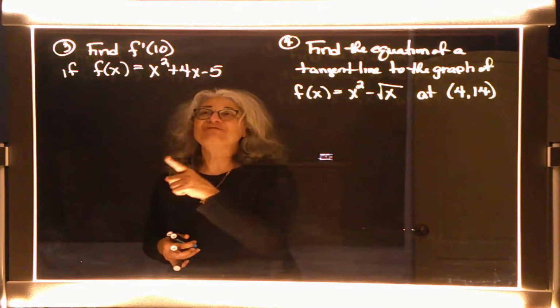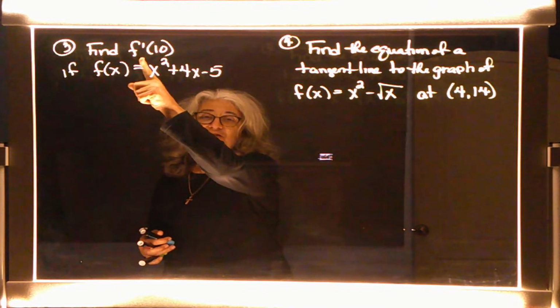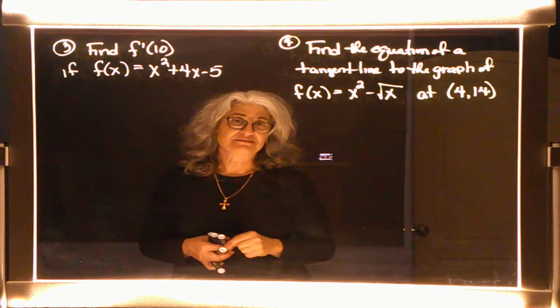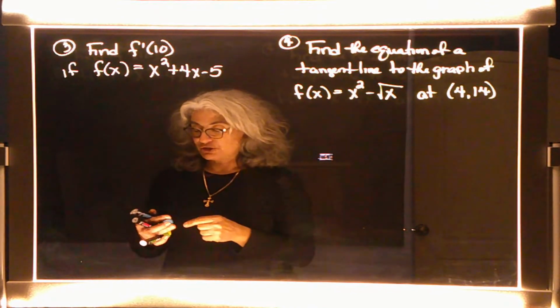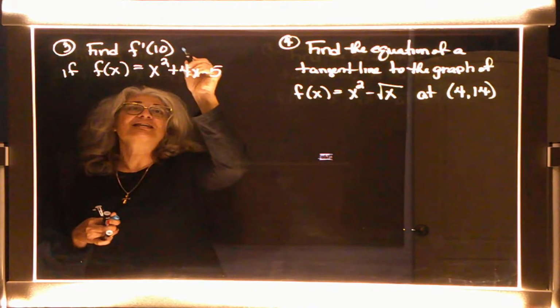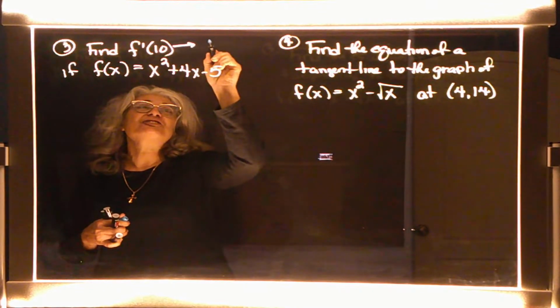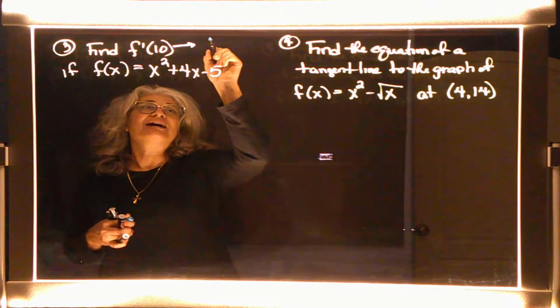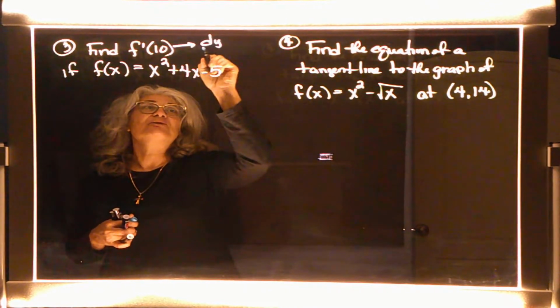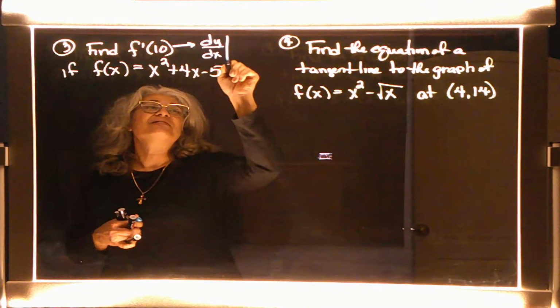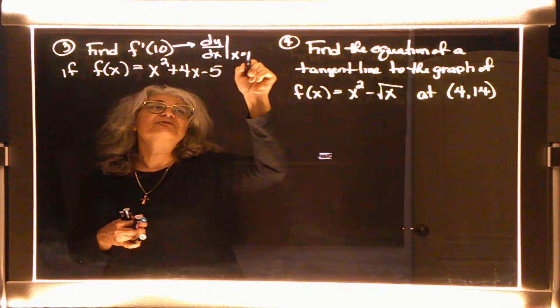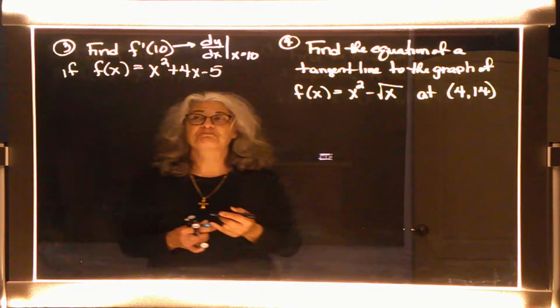It's asking us to find the derivative of the function at 10, right? So remember, there's another way of writing this. They could have actually written it as the derivative of y with respect to x evaluated at x equals 10. Okay.